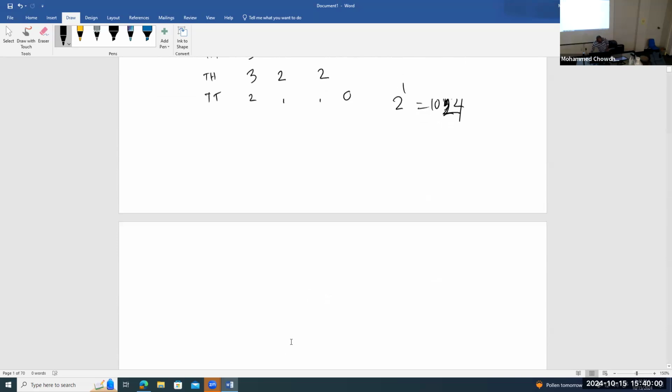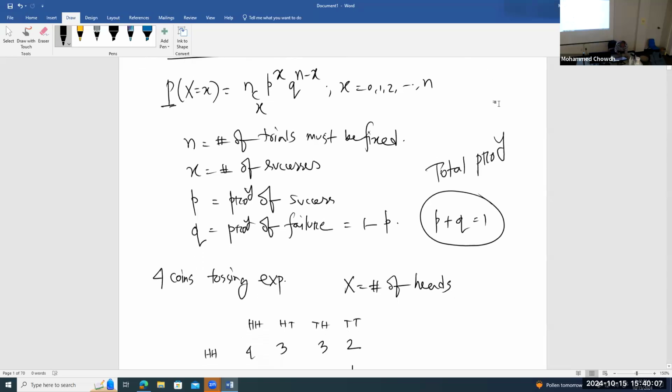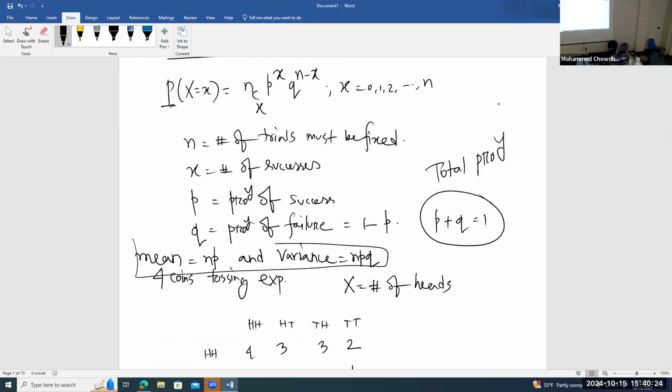With this, you can also write the mean of the binomial, which is np, and the variance equal to npq. The materials that I'm covering, I already uploaded as a PDF file on Western Online.